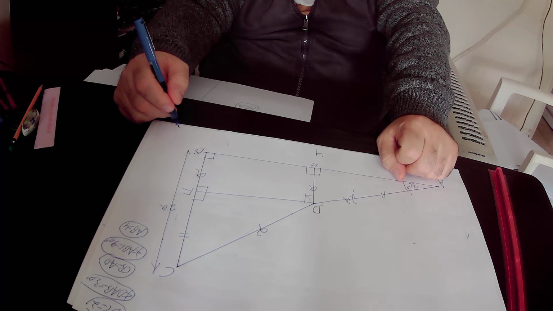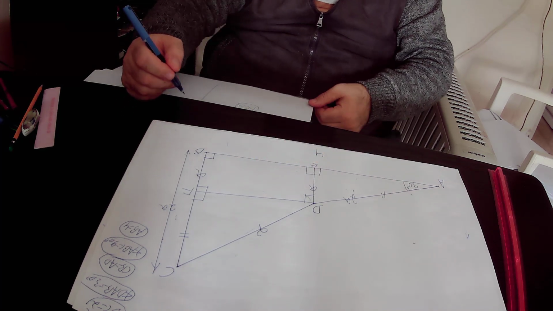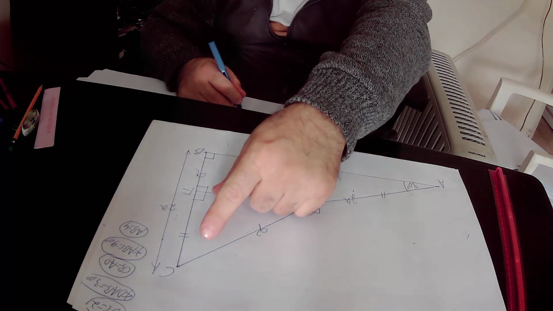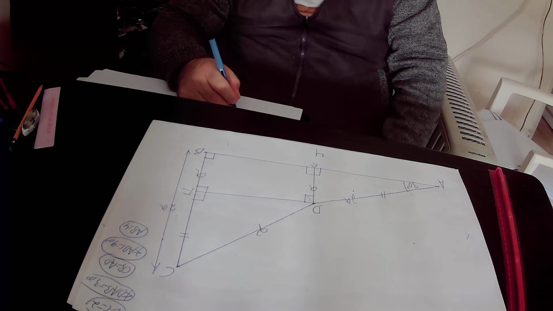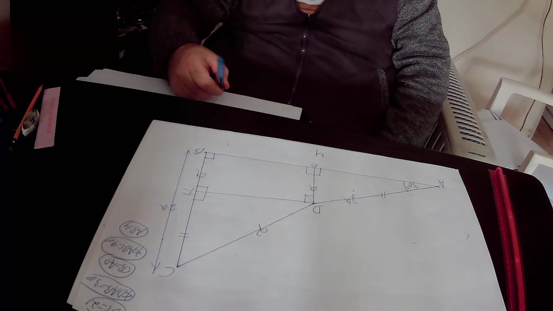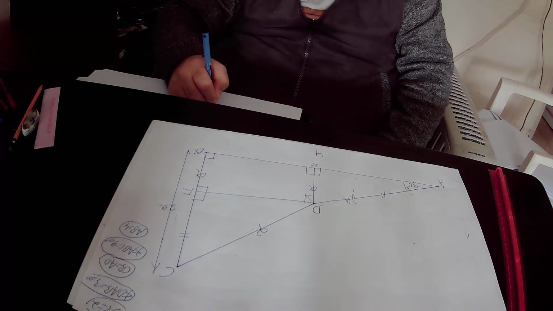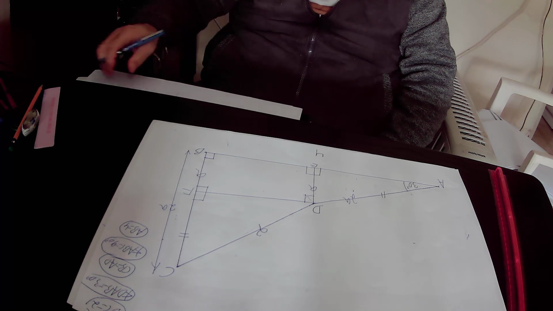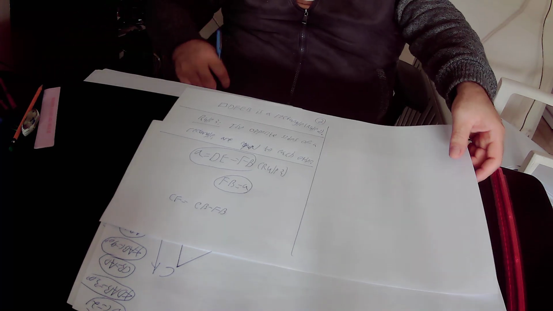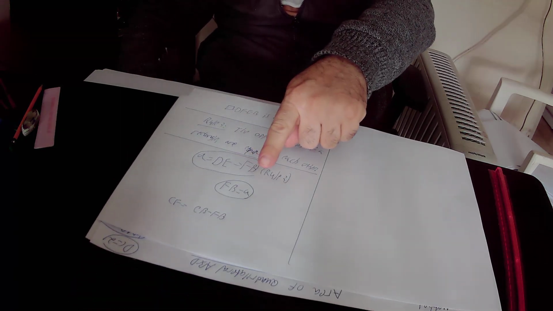What is the length of CF? From the drawing, you can easily see that the length of line segment CF actually equals CB minus FB. I'll repeat again. The length of line segment CF equals CB minus BF.